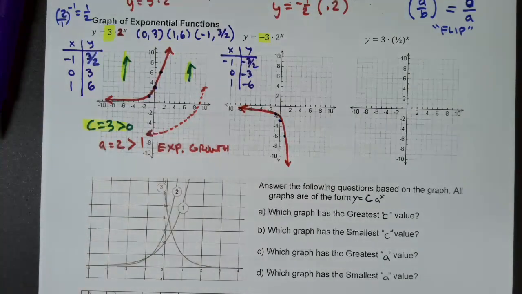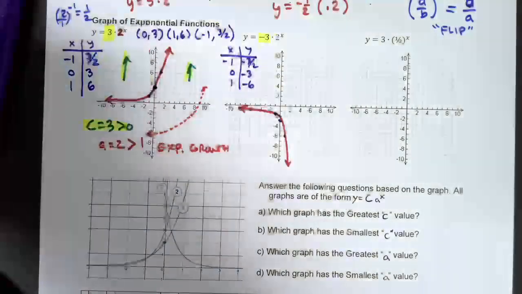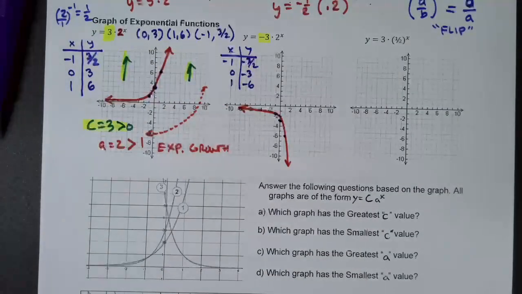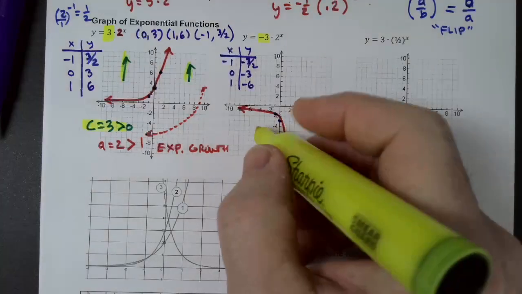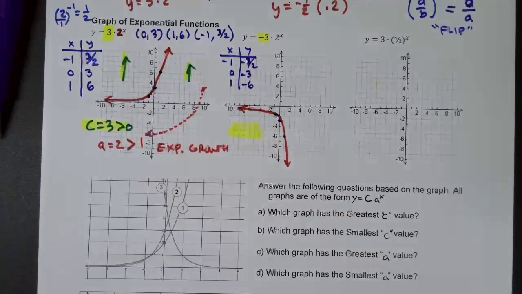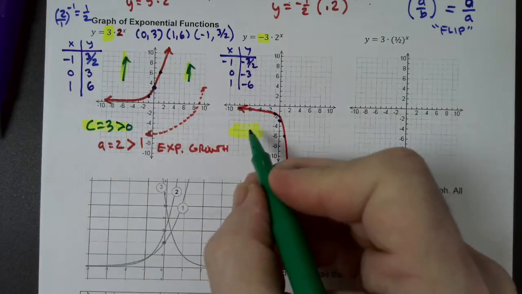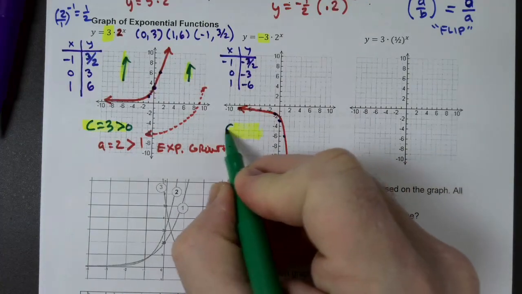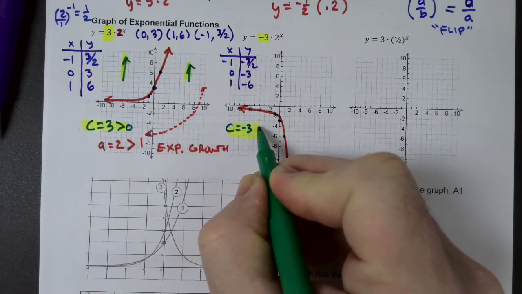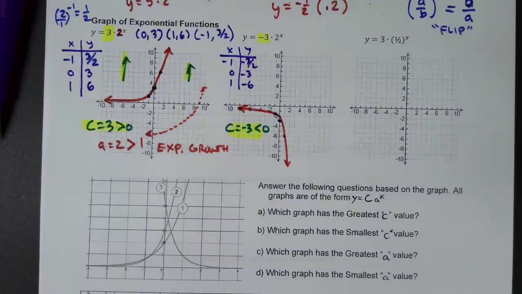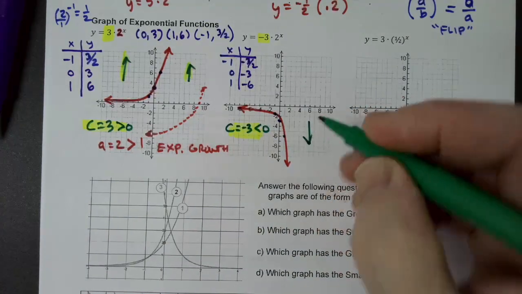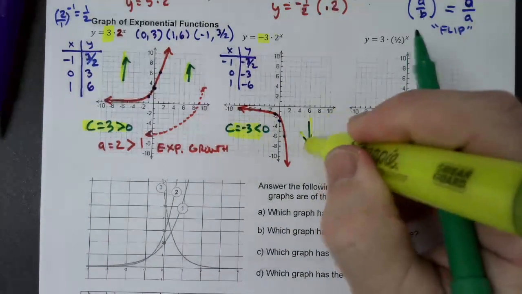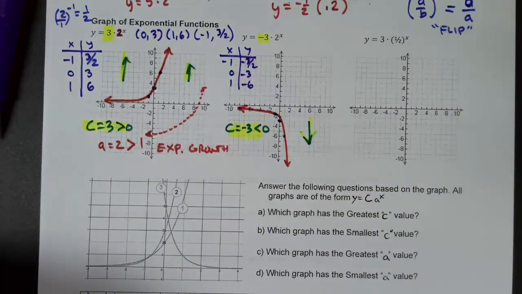So the difference between each one of these is the fact that on this one, our C value ended up being less than 0. -3 is less than 0, which means all of our values are going to be down here below the y-axis.